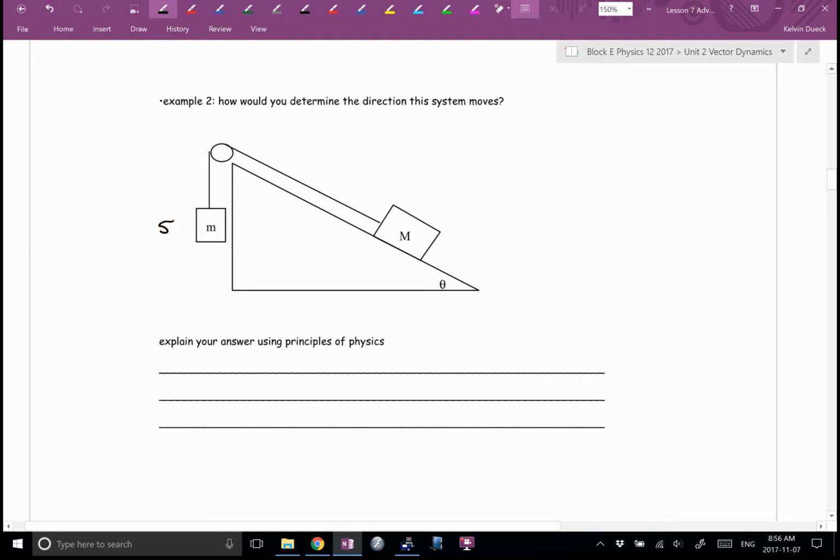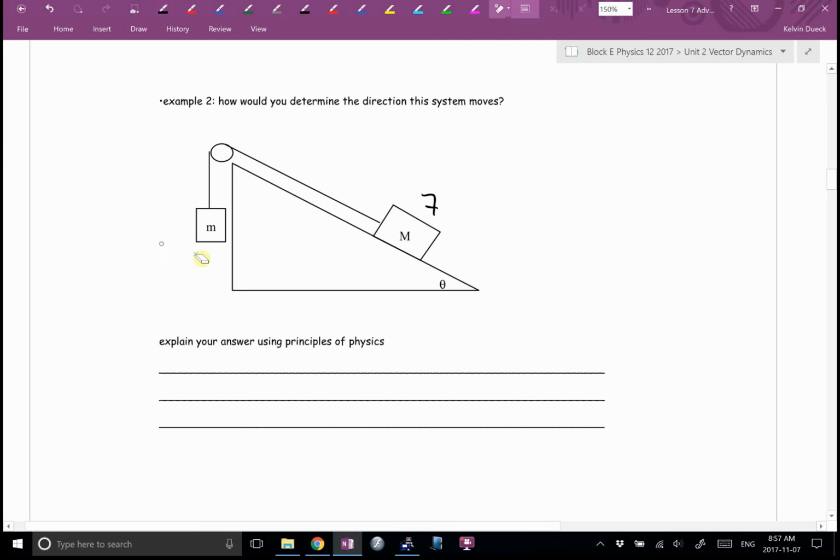If this is 5 kilograms and this is 7 kilograms, I know this mass is heavier, but depending on how steep this angle was, this might still be able to pull it up the hill. Now, if theta was 89 degrees, so that it was nearly vertical, I know the 7 would be winning. But if theta was 48 degrees, now I'm not so sure. How can we figure it out?